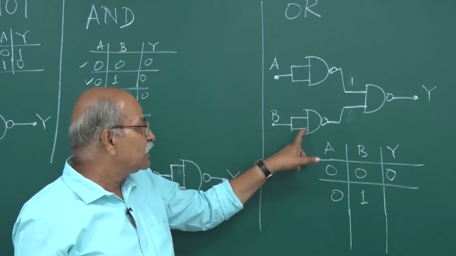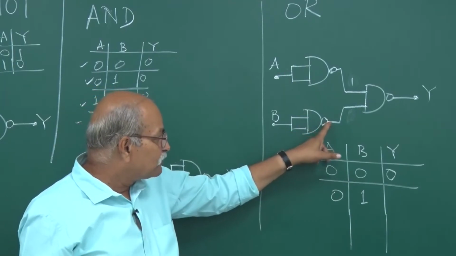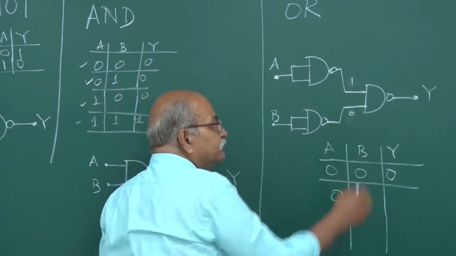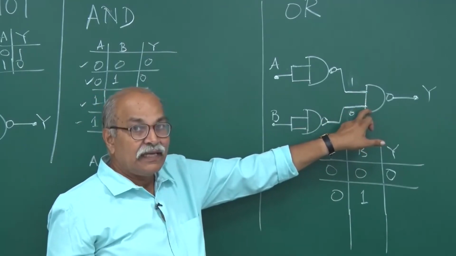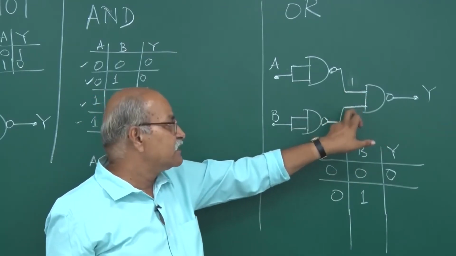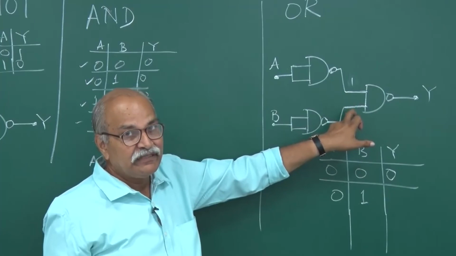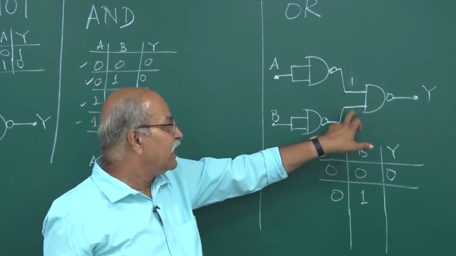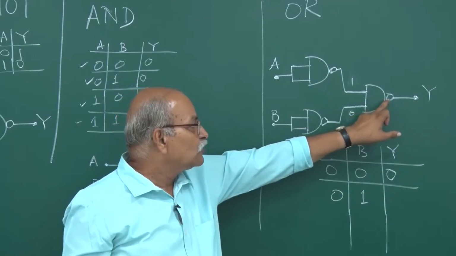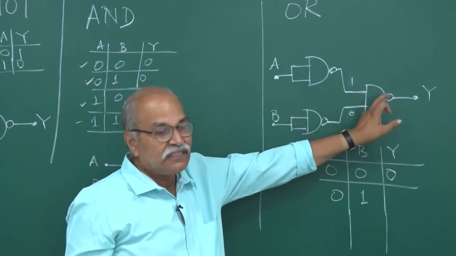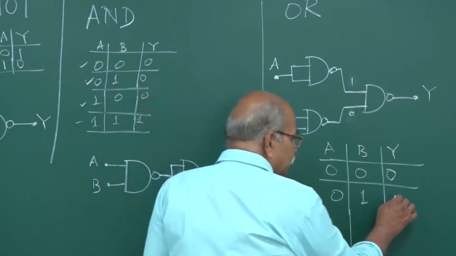AND of 1 and 1 is 1. Not of that is 0. So this is 0. And this 1 and this 0, AND of 1 and 0 is 0. So here it is 0. And then not of that. Not of 0 is 1. So this becomes 1.